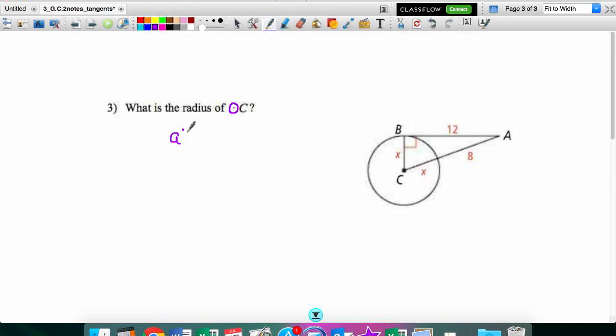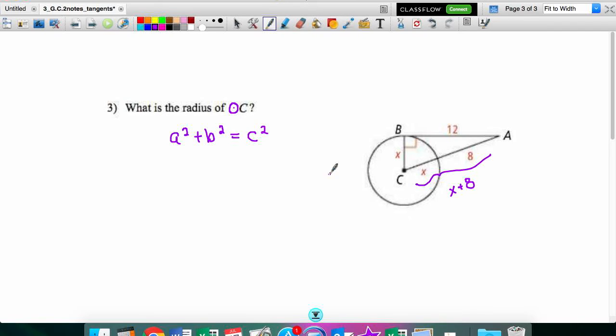A squared plus b squared equals c squared. For Pythagorean theorem, once again, I like to fill in my c, my hypotenuse, which is always across from the right angle. In this case, it's going to be the segment AC, x plus 8.